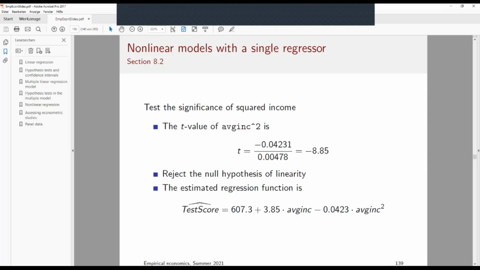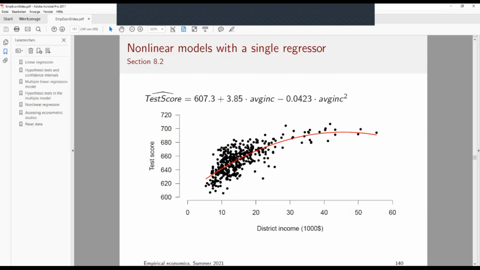To display this, we computed this model for our typical income range, ranging from $5,000 per person and year up to roughly 60,000, and we see that this curve, at least up until here, fits very well to the points.